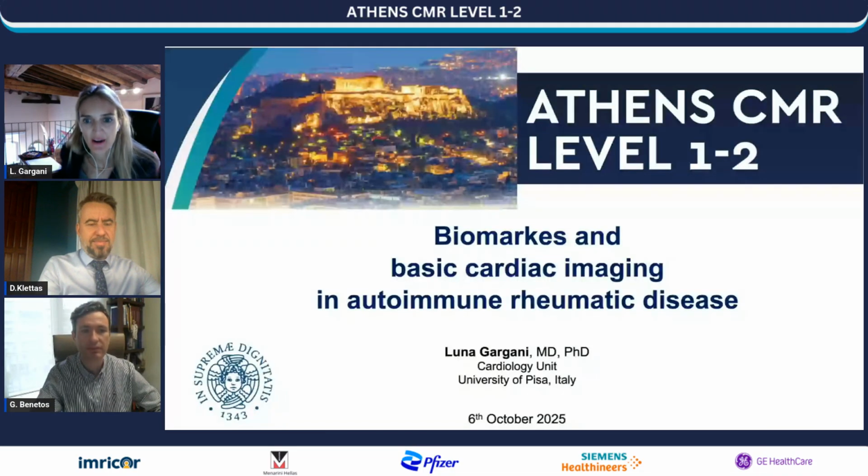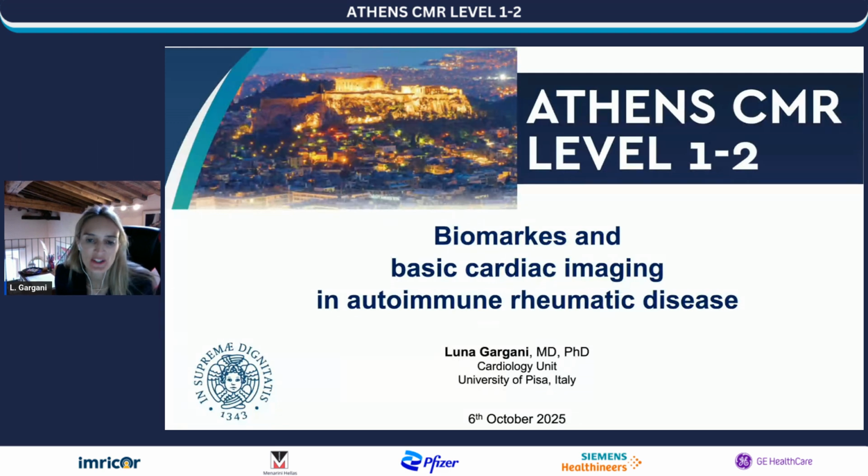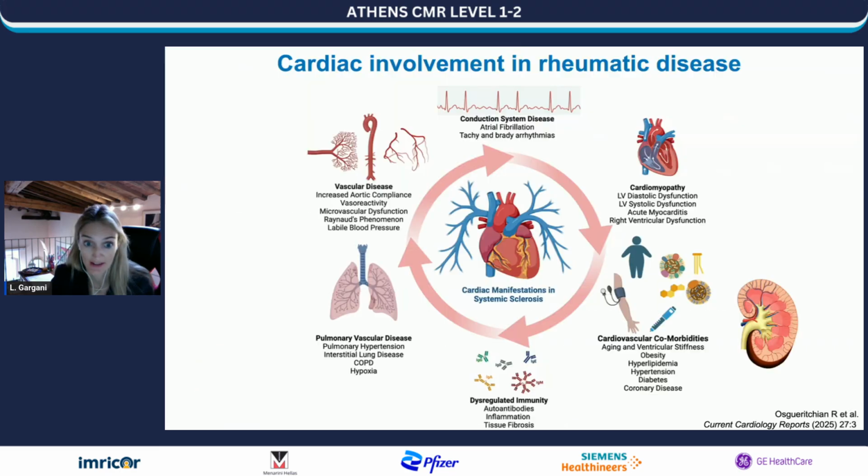So this topic is really interesting because as cardiologists, we often see patients with autoimmune rheumatic disease, and we need tools to deal with these patients, which are rather different from our usual cardiac patients. And we know indeed that cardiac involvement in rheumatic disease is very complex because we not only have left ventricular systolic dysfunction in these patients, but we have involvement of the right ventricle.